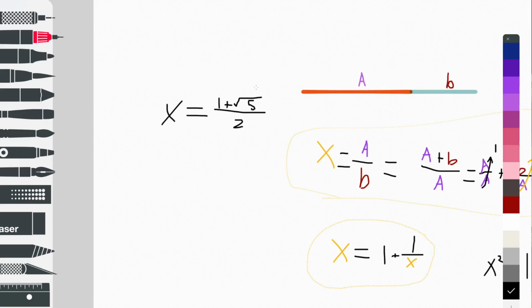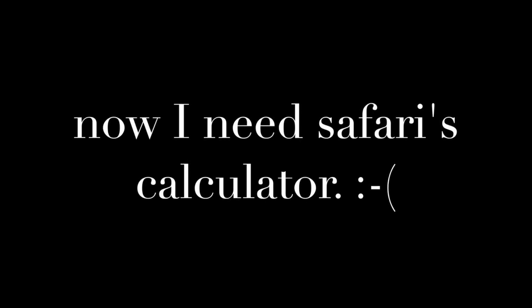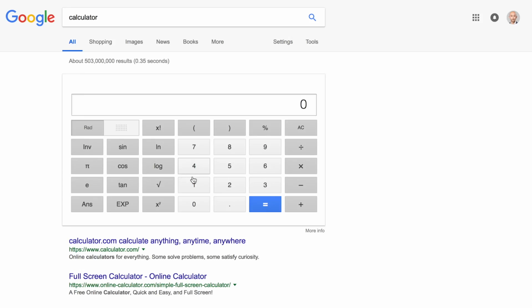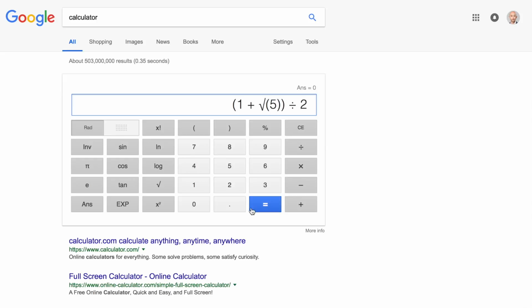So let's get out the calculator here to solve it. So it's 1 plus the square root of 5 divided by 2.